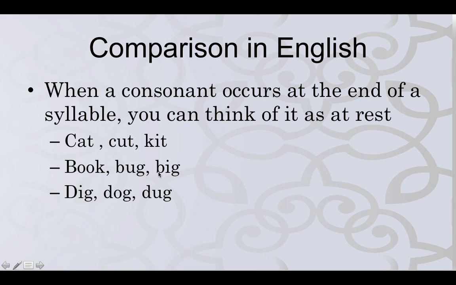Bug, big, dig, dog, dug. In these cases, the G's are at rest, but the B and D are moving. In book, the B is moving, but the K is at rest. In bug, the G is at rest, but the B is moving. In big, the G is at rest, but the B is moving with the I. You can think of it that way.